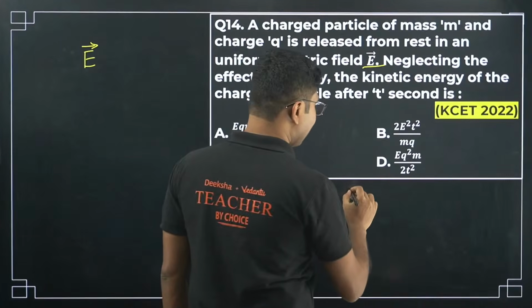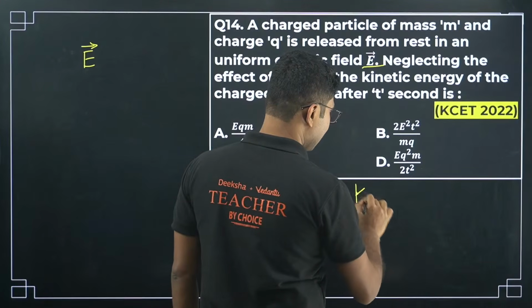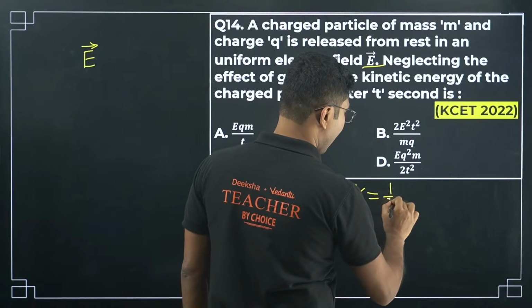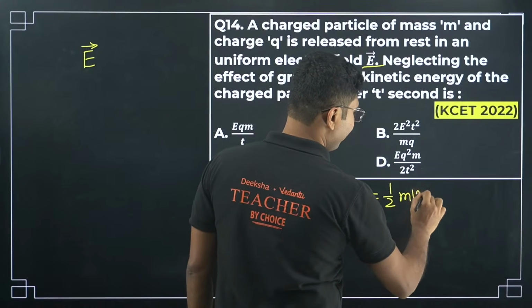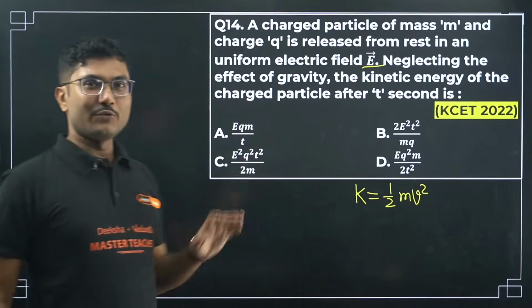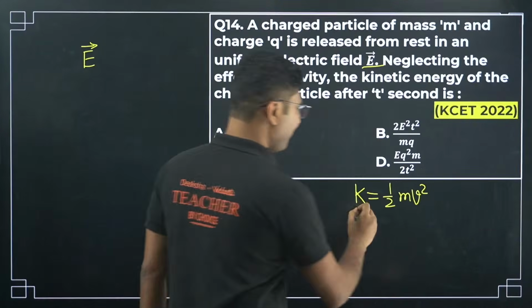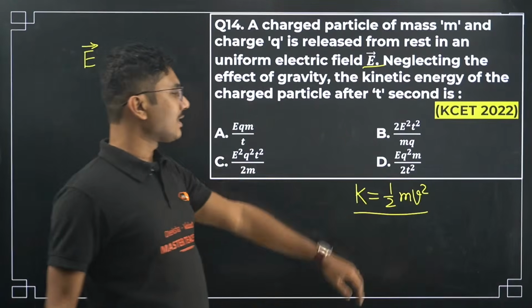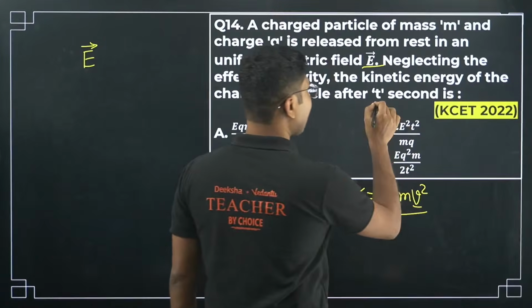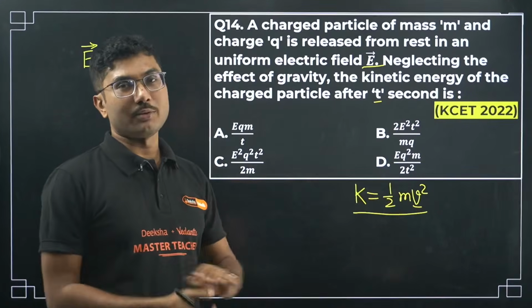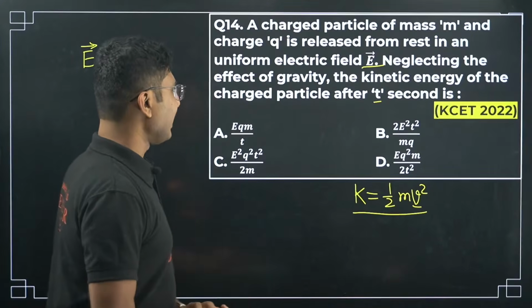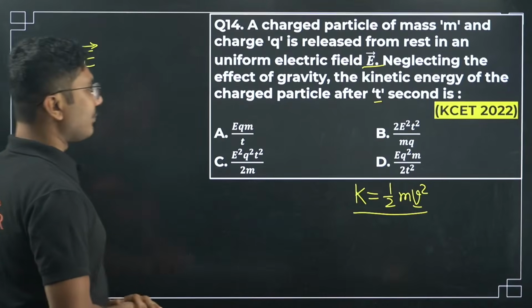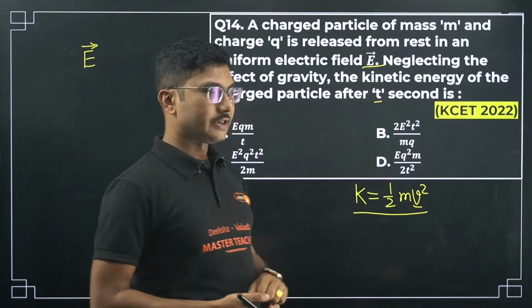We know that the formula for kinetic energy is K equals half m v square, our old first PU formula, the old favorite formula. If we can somehow find the velocity after time t, then we can use this formula. Now how can we calculate the velocity?